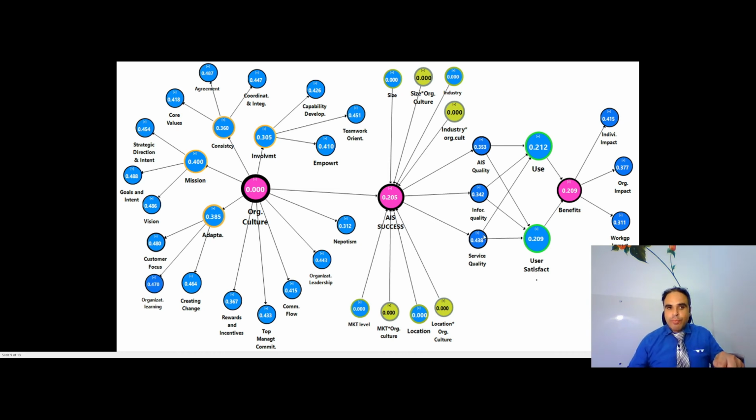On top of that, the relationship between organizational culture and AIS success is influenced by some other moderating variables like size of organizations, industry, location, market level, etc., plus mediating variables such as use and user satisfaction. So as you notice, in this structural equation model, we study complex relationships.